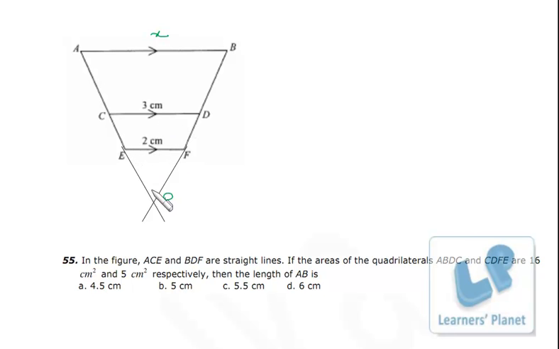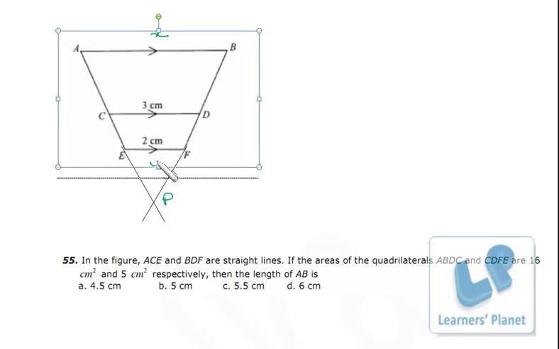So I know one side of PEF and one side of PCD, so that's 2 and 3, right? Corresponding sides are 2 and 3. So area of PEF will be 4K, I suppose, and area of PCD will be 9K, right?